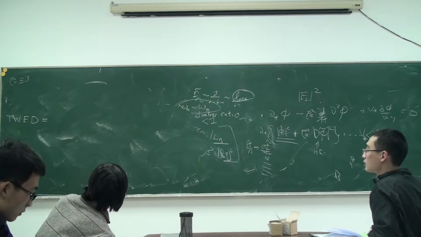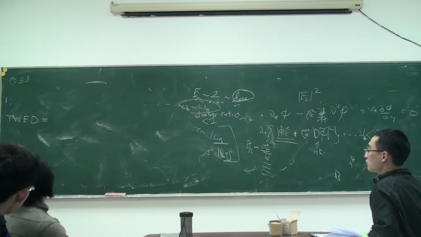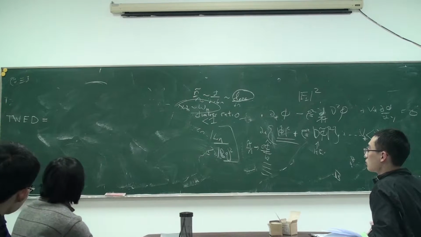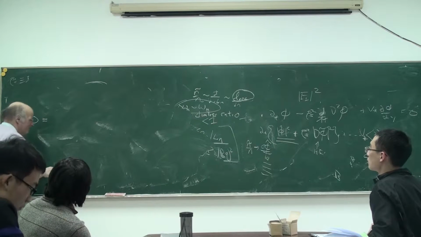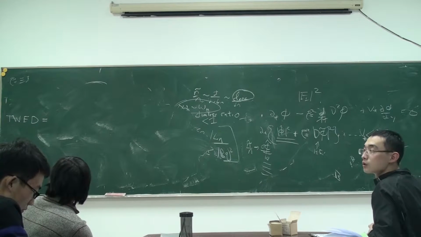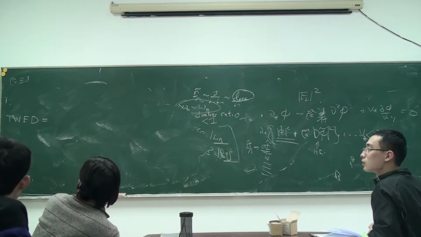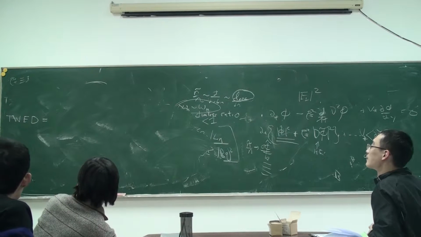E squared plus B squared. Well, B squared is zero. B is just a fixed constant here. There's no magnetic fluctuation in an electrostatic drift wave. But the very fundamental point is, the total wave energy is kinetic plus potential. Relax, just let me write the thing, please.